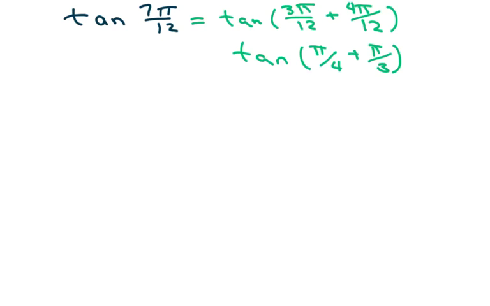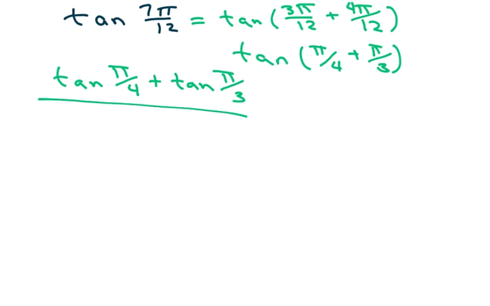Use your formula, and you're going to get tan of pi over 4 plus tan of pi over 3. Since it's a plus, then we're going to do 1 minus, and I just copy these two down again. Tan of pi over 4, I like that one because that just means 1. Tan of pi over 3.